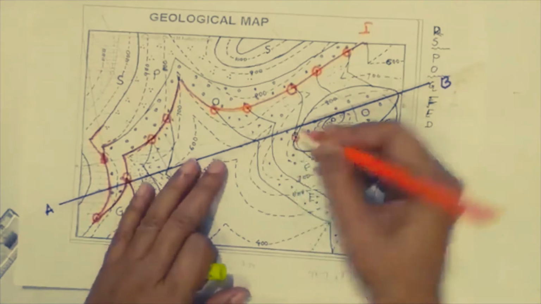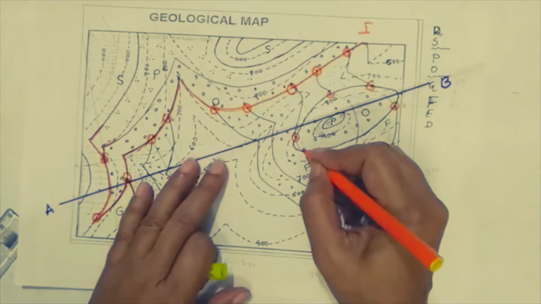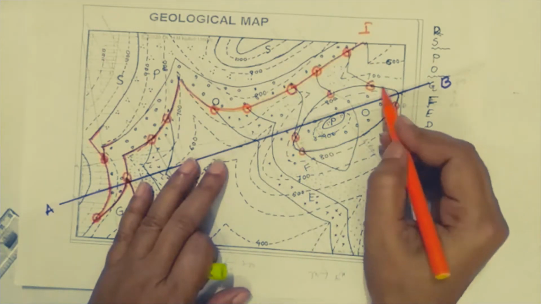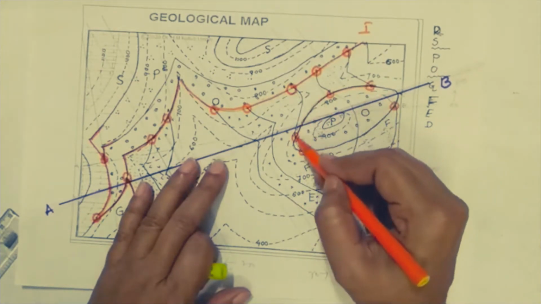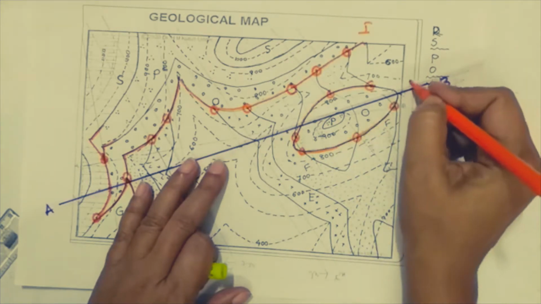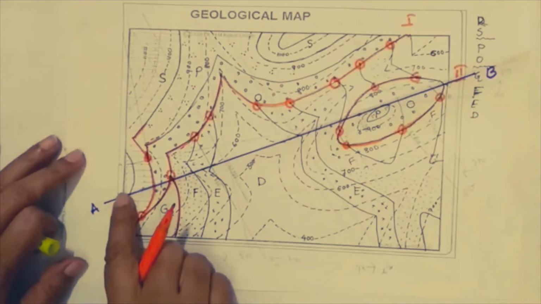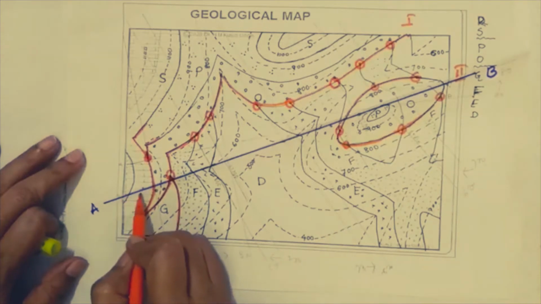This is also a triple point junction. This line, this is also a triple point junction. This is another line of unconformity. So first, you have plotted those two beds, this one and this one.